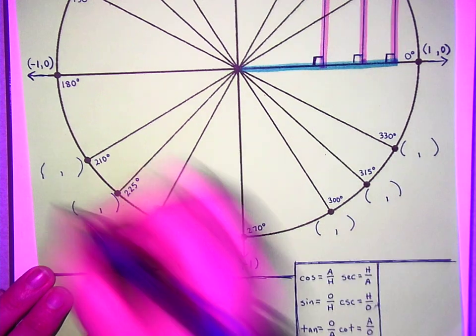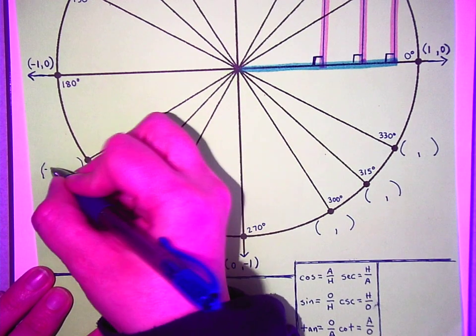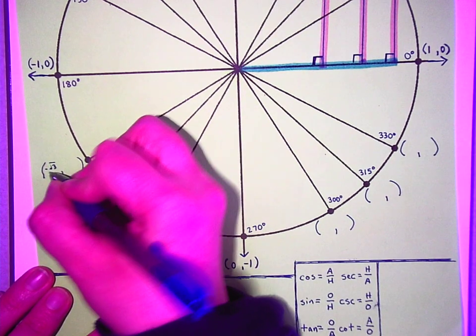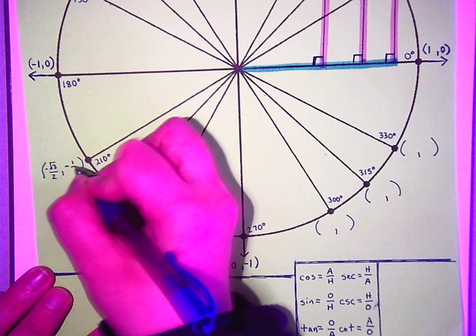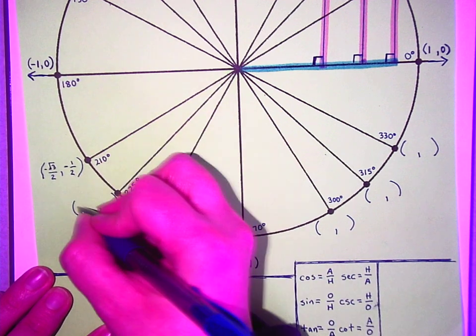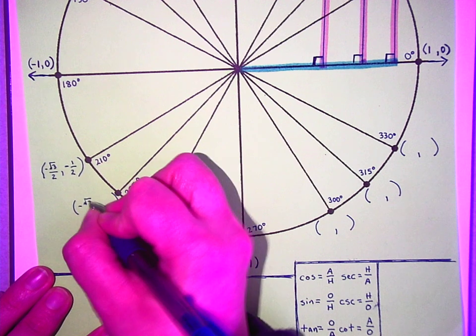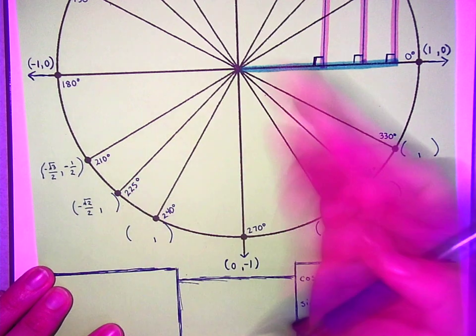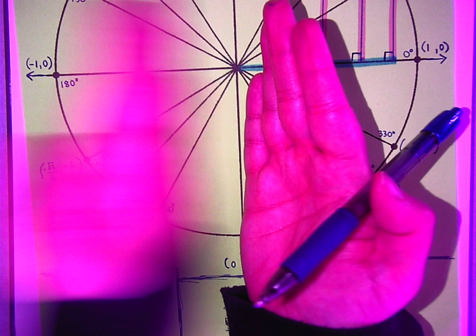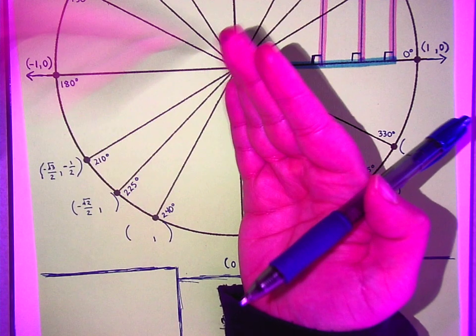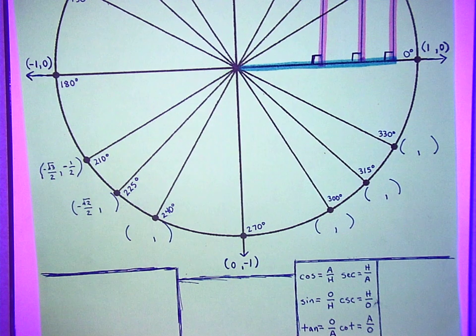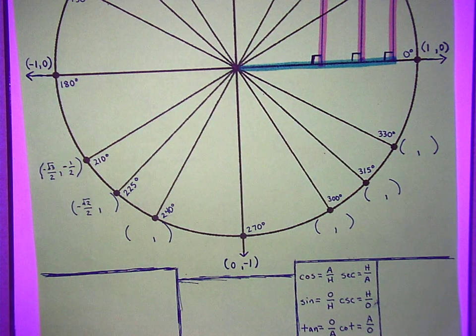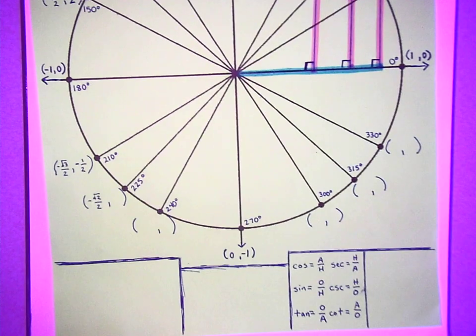Negative, negative, negative. So the x is on the left side, which means the x is negative, and the y is below the 0, which means that the y is negative too. And the rest of it's just symmetric. So it's just like copying the top.